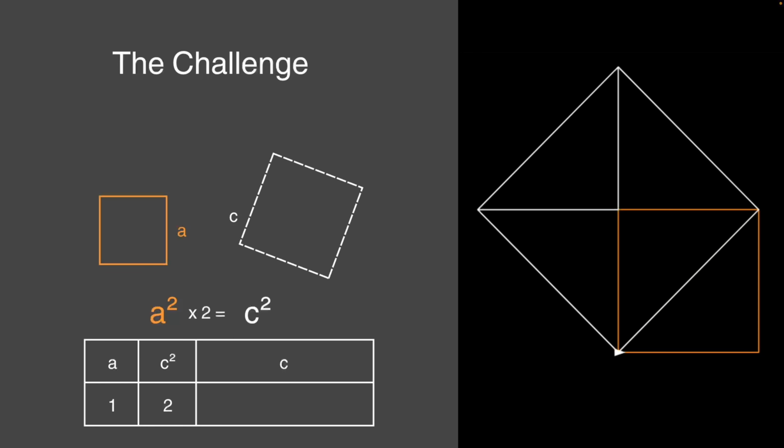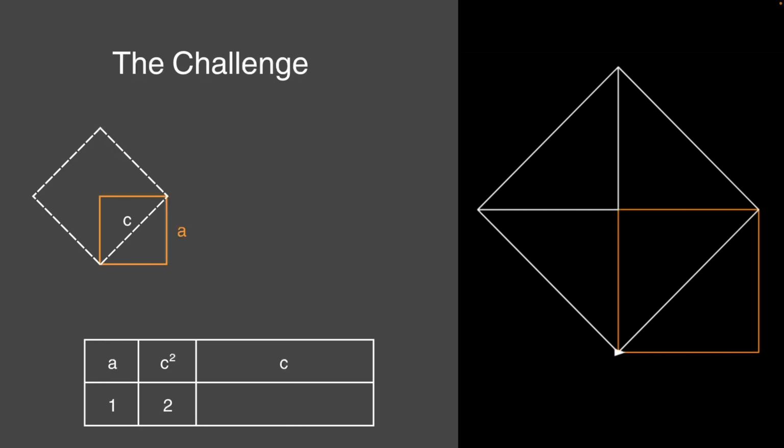Then our friend Meno came around and helped us to figure out how to use the diagonal length of the square to form a new square. From there, we could see that C is really just the diagonal length of this square. If we simplify this drawing even further, then C is just the hypotenuse of this right-angled triangle, which is 1.414.